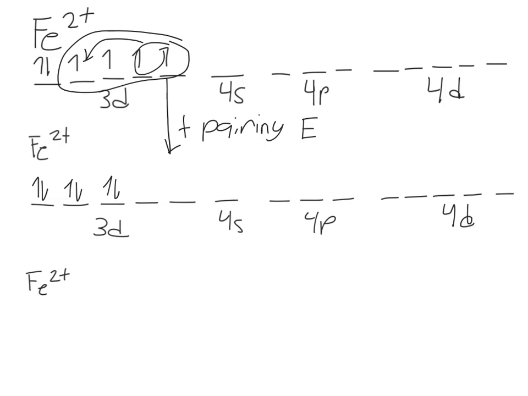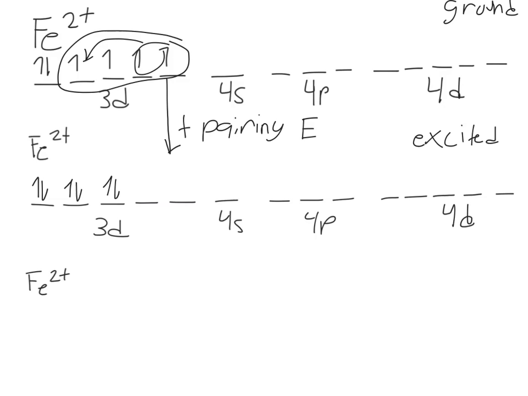Next I'm going to hybridize. Sorry I didn't mention before, this is the ground state. This is the excited state because energy is added, making the electrons excited enough to go into the other orbitals.